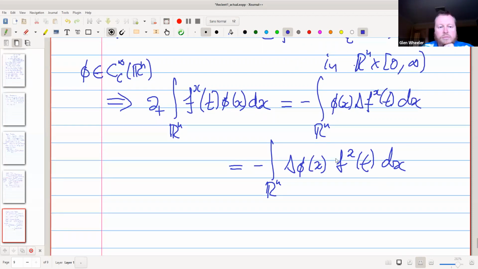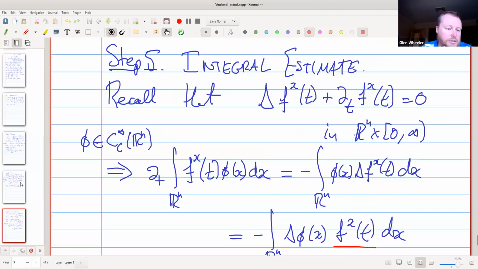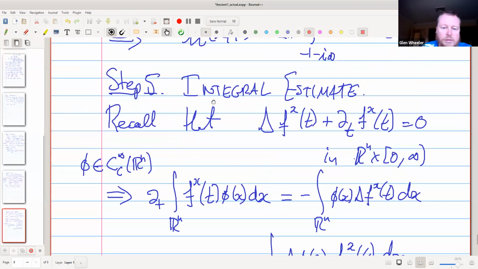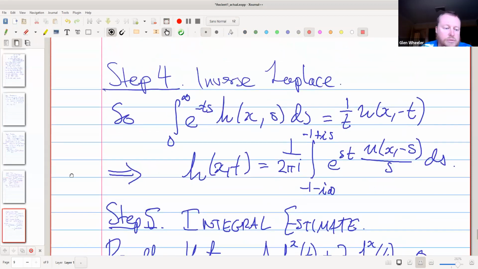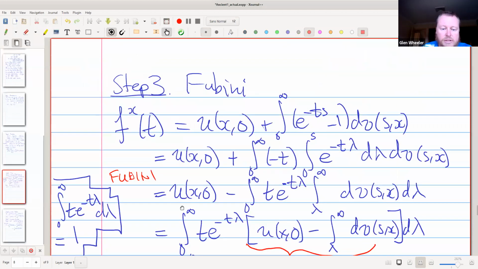Now, what we're going to do is use our expression for this function here, this f(x,t). So we've already calculated back up here, not there, here.